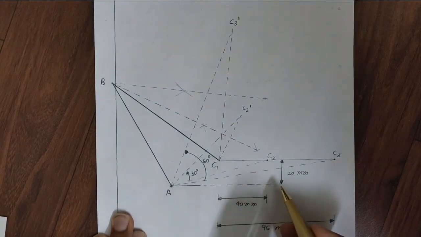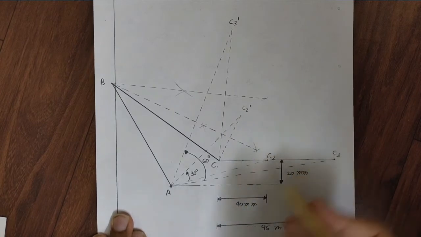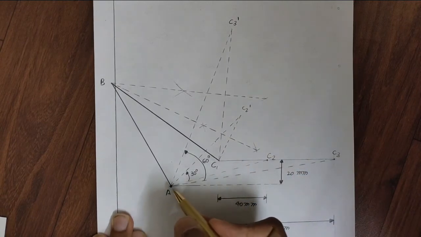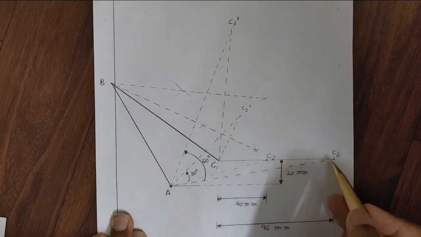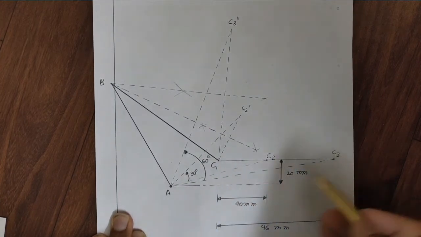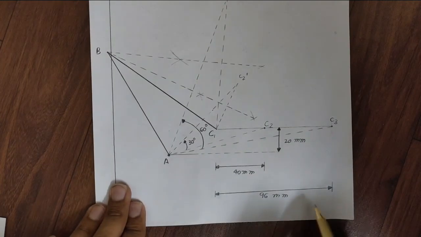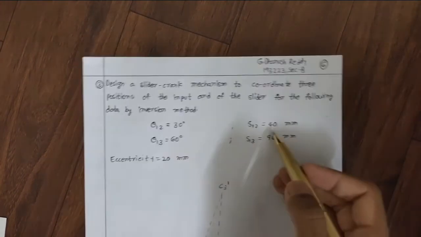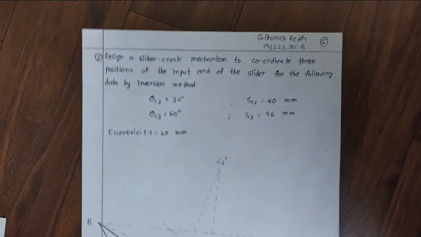Draw two horizontal lines at a distance of 20 mm from each other. Now take a random point A on the bottom line and take C1, C2, C3 on the top line such that C1C2 equals 40 mm and C1C3 equals 96 mm, which were taken from the displacement of the slider given in the question.